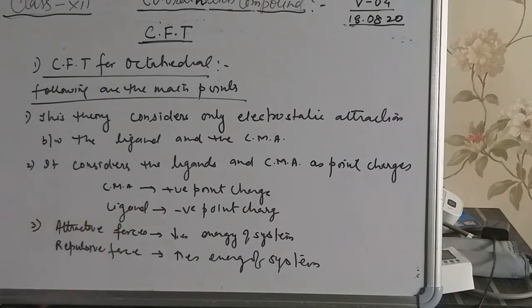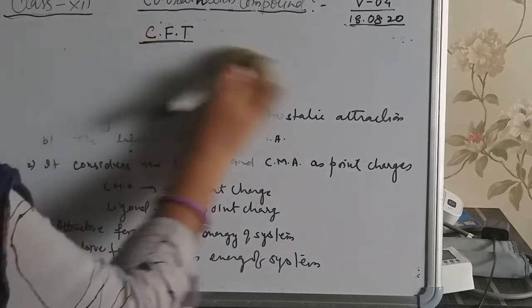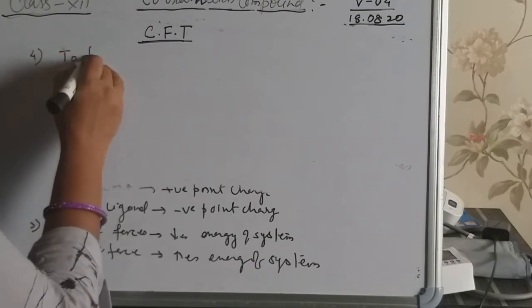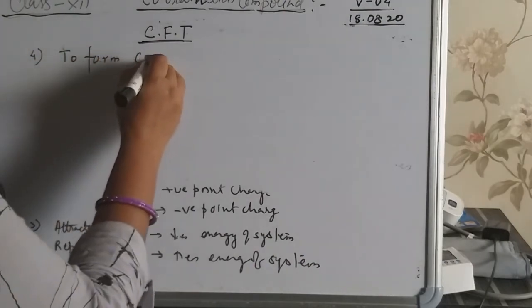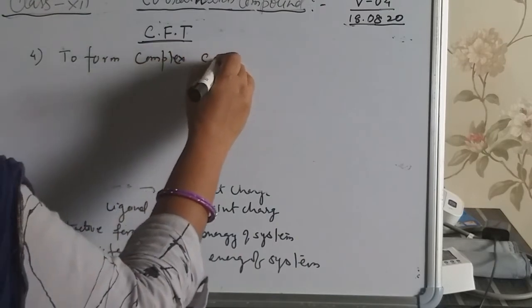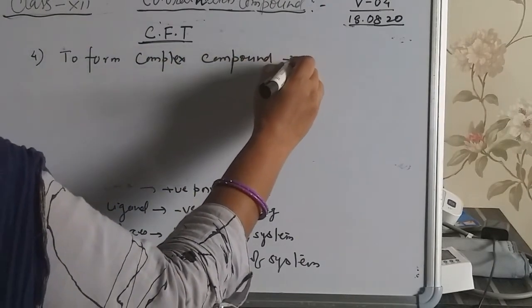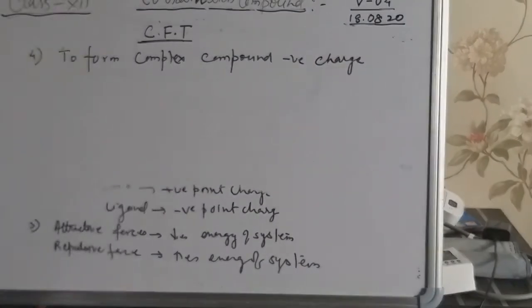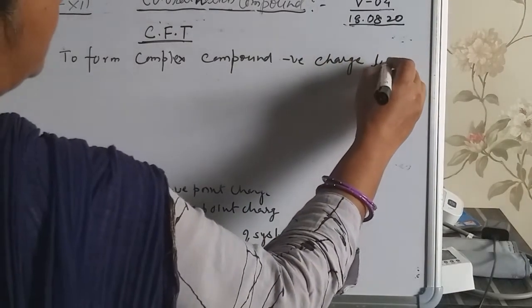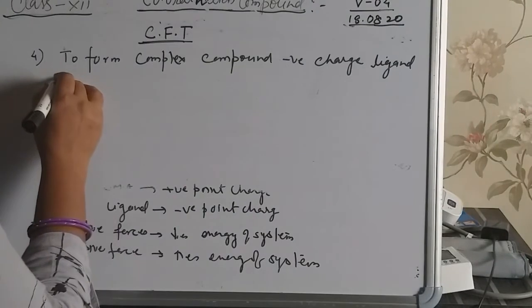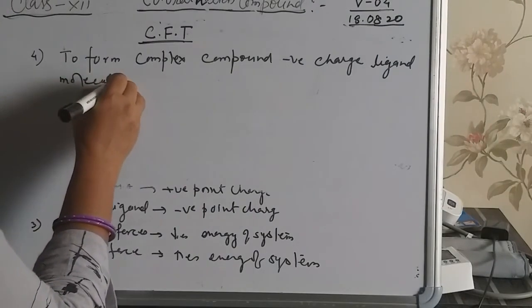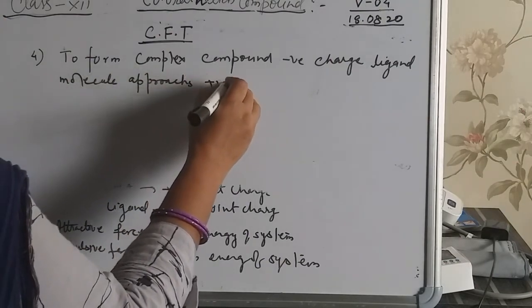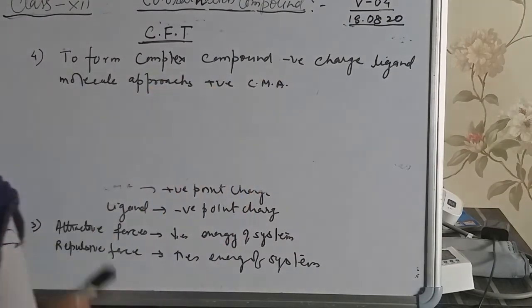Number 4, to form complex compound, negative charge ligand molecule approaches positive central metal atom.